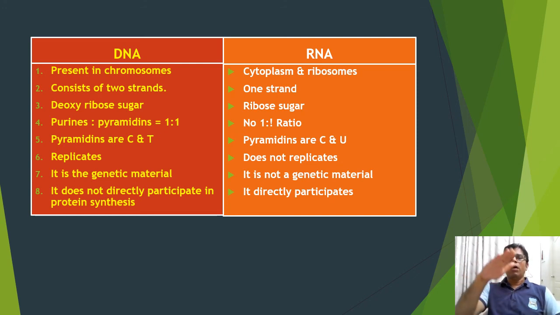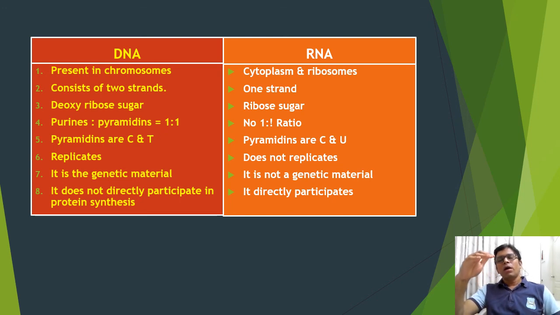According to the codons present on mRNA, tRNA molecules bring the amino acids to the site of protein synthesis. And the ribosomal RNA, present inside the ribosomes, is involved in the formation of peptide bonds between amino acids. As a result, a polypeptide chain is formed.